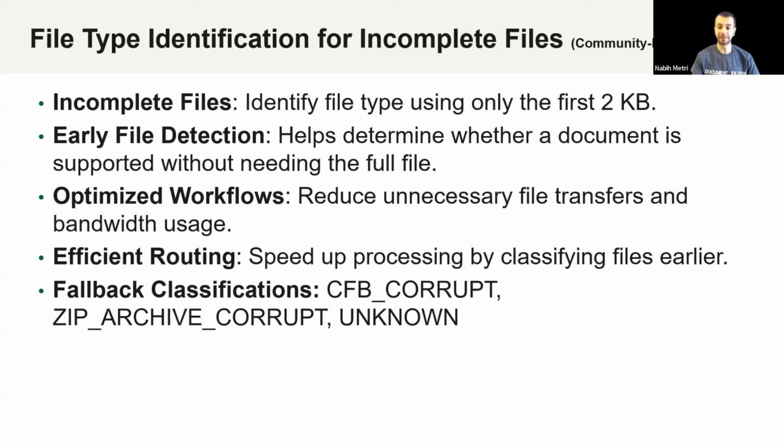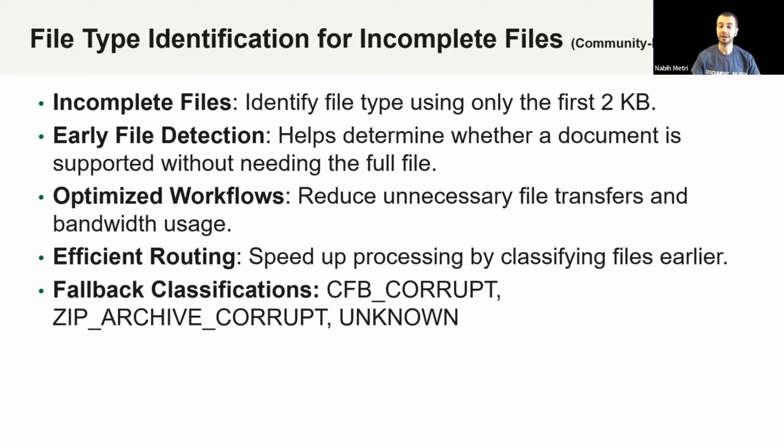So this feature is especially useful when dealing with large document repositories, cloud storage environments, or network-based file transfers. So instead of waiting for an entire file to be received, applications can make early determinations, which saves bandwidth, storage, and processing time.